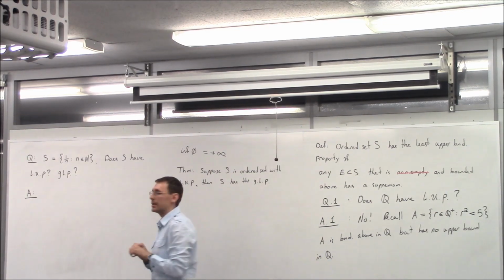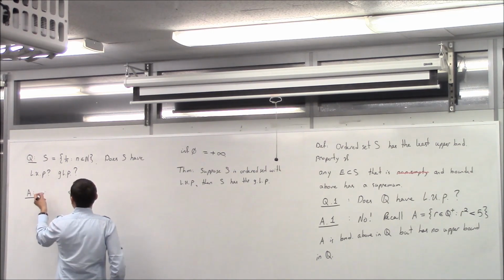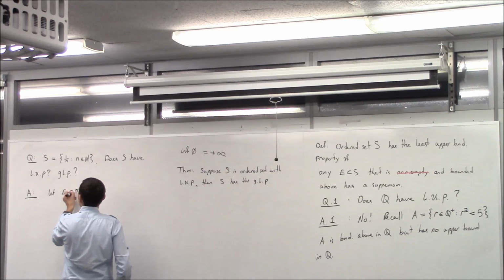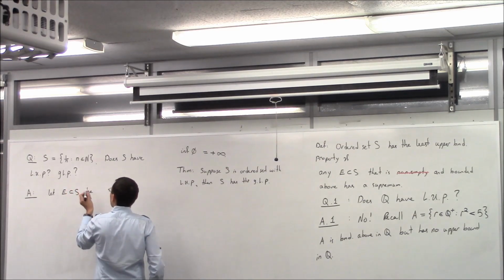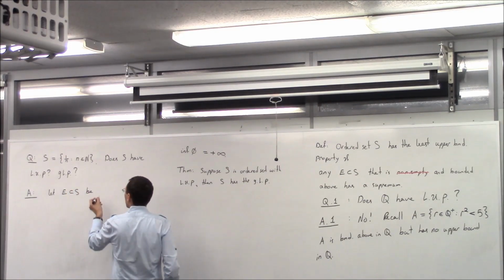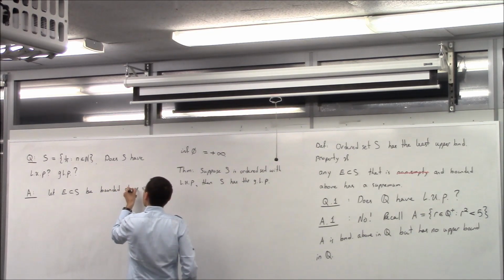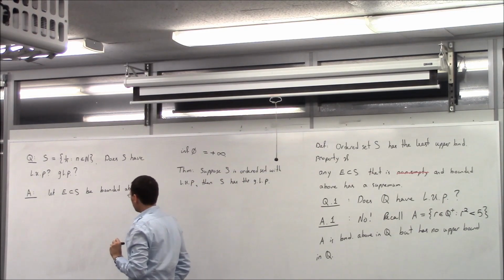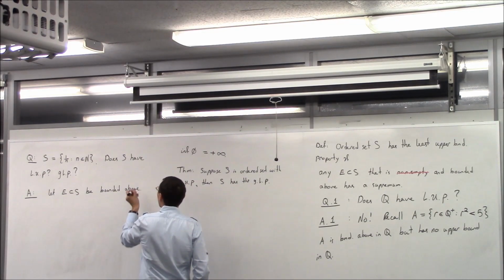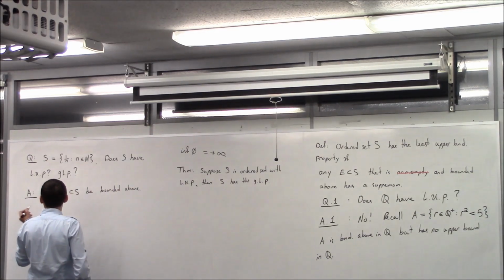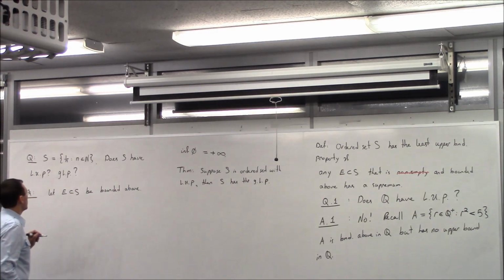So here's how you begin. You have to say, well, let E, a subset of S, be bounded above. Does it contain a supremum?